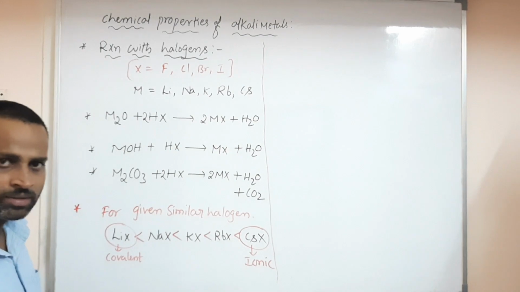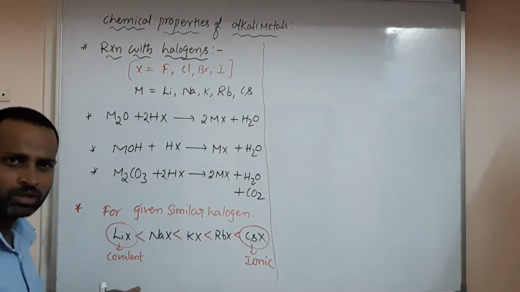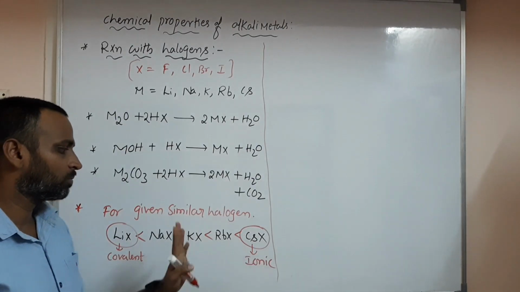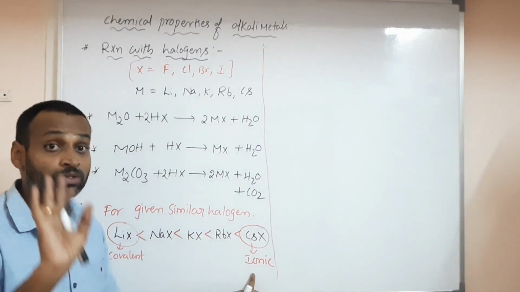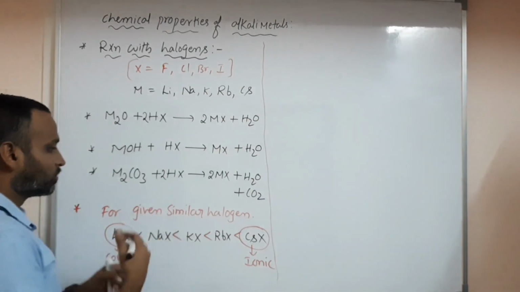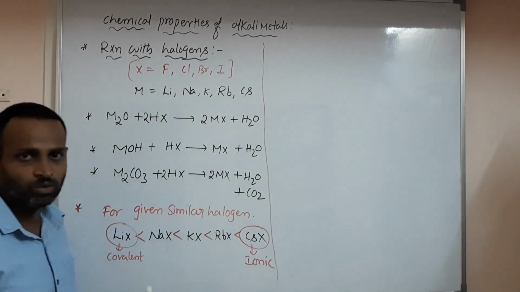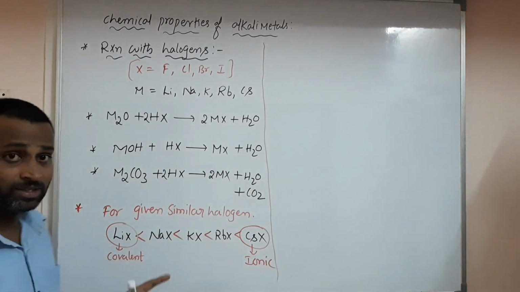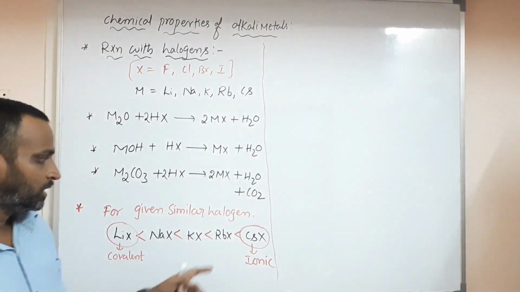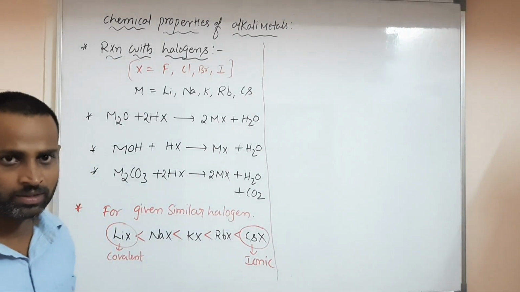Lithium fluoride, lithium chloride, whatever, are least soluble in water. Cesium halides are more soluble in water. As I said, ionic compounds are more soluble in water. So no confusion: cesium halides are more soluble, and lithium halides are mostly less soluble in water. It's very, very important.